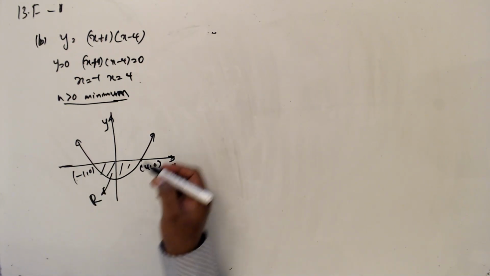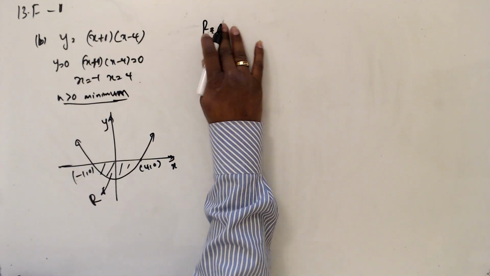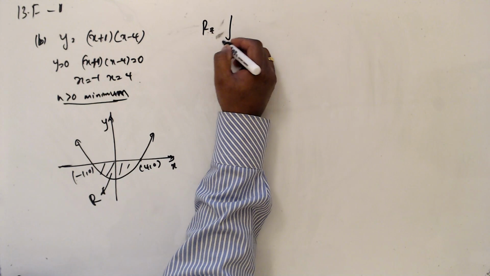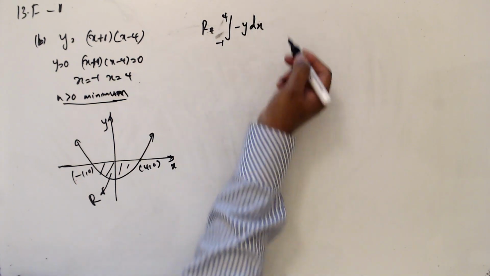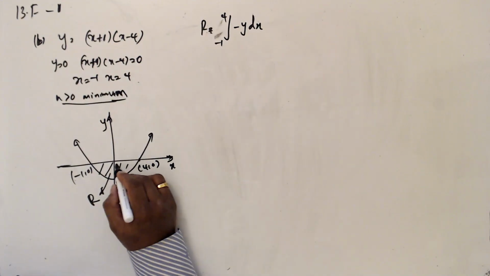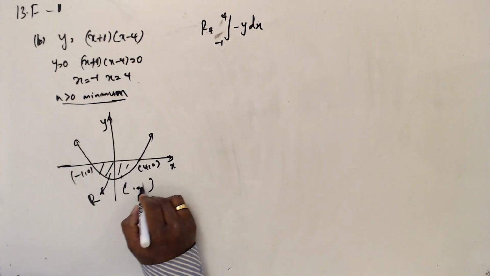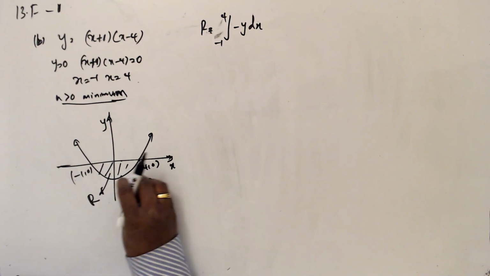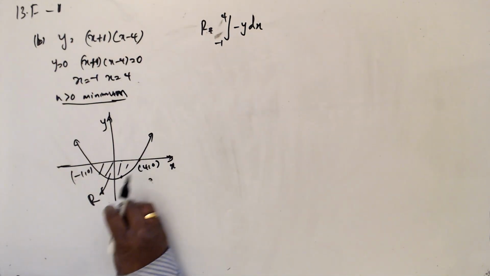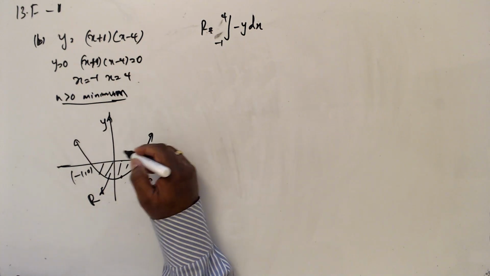Let's say R. So R equals, we have to integrate from minus 1 to 4 of minus y dx, because if you select from here to here any point, the y value is negative. From here to here any point, the y value is negative, so that's why we are taking negative. If it is above the x-axis, it's going to be positive.